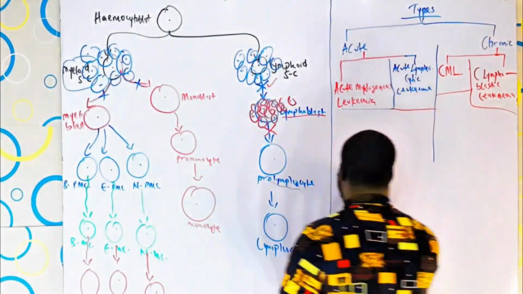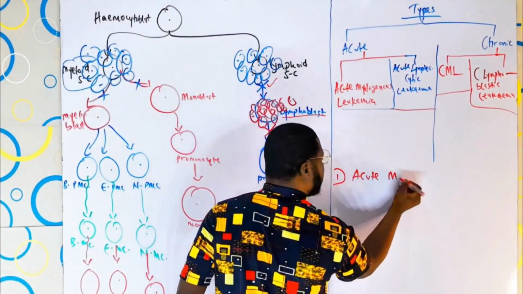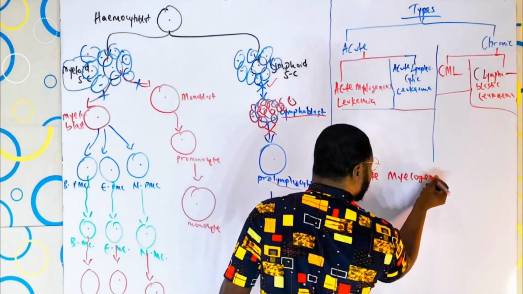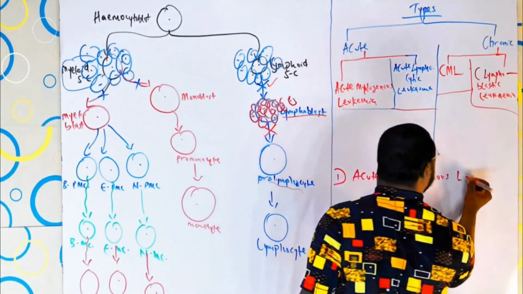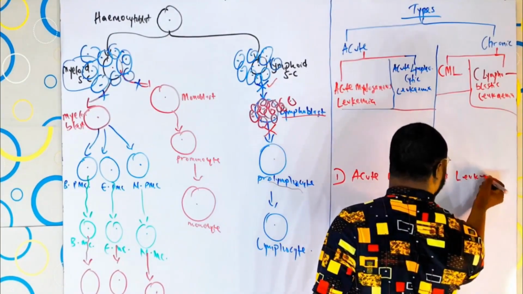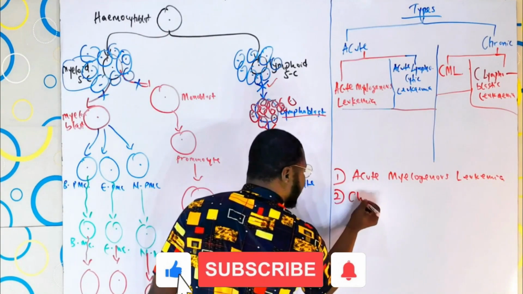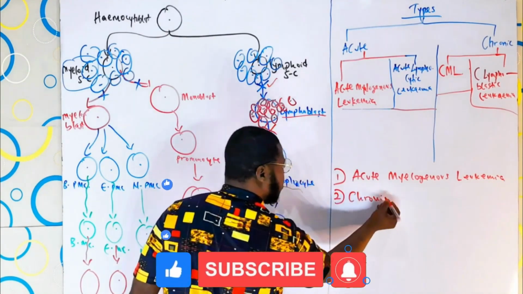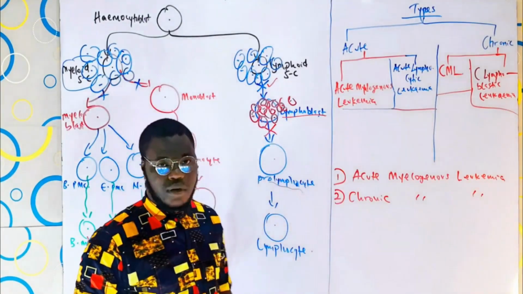So we have acute myelogenous leukemia, and chronic myelogenous leukemia. No stress, we are done with the first thing.